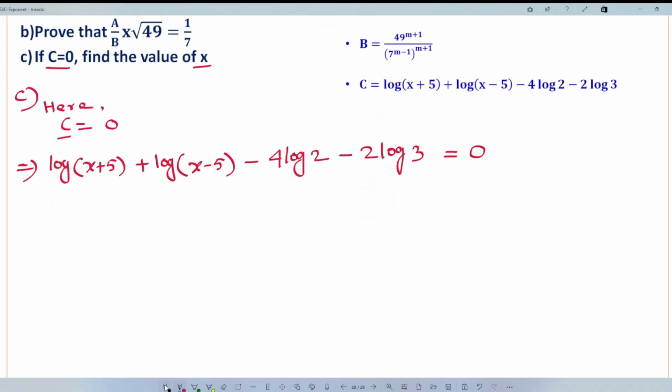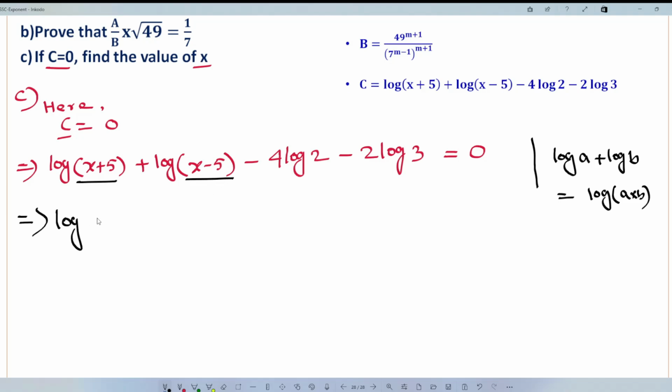Now the properties of log: we know some rules, like log A plus log B, we can write as log A times B. Similarly, here is log x plus 5 plus log x minus 5. Again, we can write log x plus 5 times x minus 5.